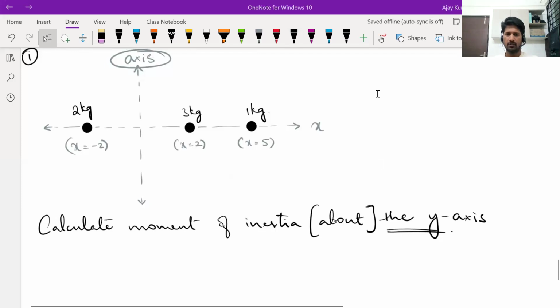I got one answer as 45 kg meter square. We'll see. Okay, Rishi, how are you trying to calculate this? It shouldn't take this long.